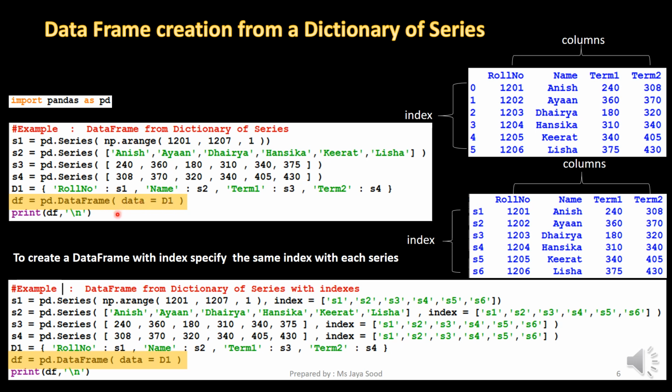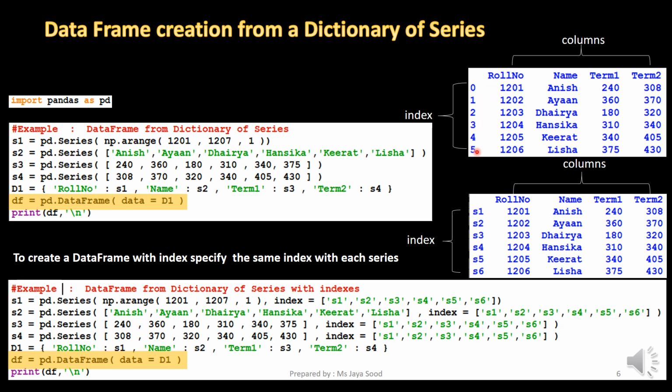You may see here in the output of the print command that the data frame is created with 4 columns. The dictionary keys roll number, name, term 1 and term 2 are the column headings. The column data is coming from the series S1, S2, S3 and S4. The default row indexes are from 0 to 5.